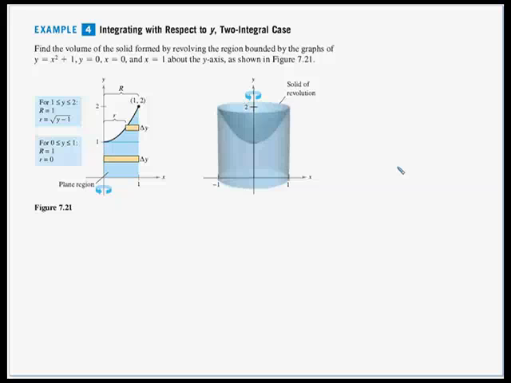So the first thing we have to identify are the outer and inner radii. So capital R of x is our outer radius, and lowercase r of x is our inner radius. And you know, these really come together when you look at the picture and the representative elements, those little rectangles.